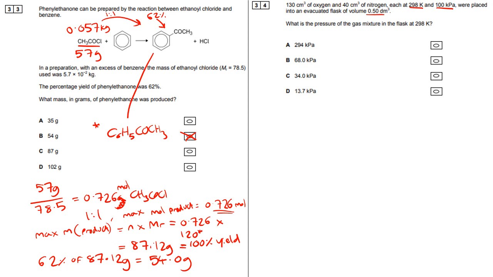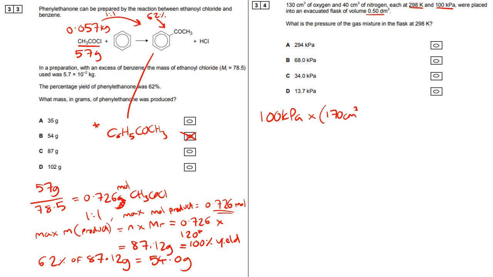So the pressure is originally 100 kilopascals. The volume is our original volume there, which is 130 plus 40, or 170 centimetres cubed.